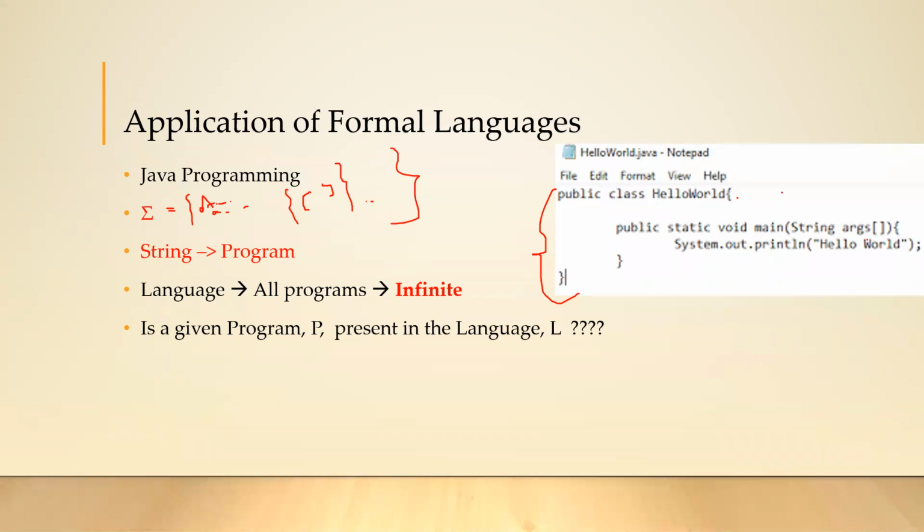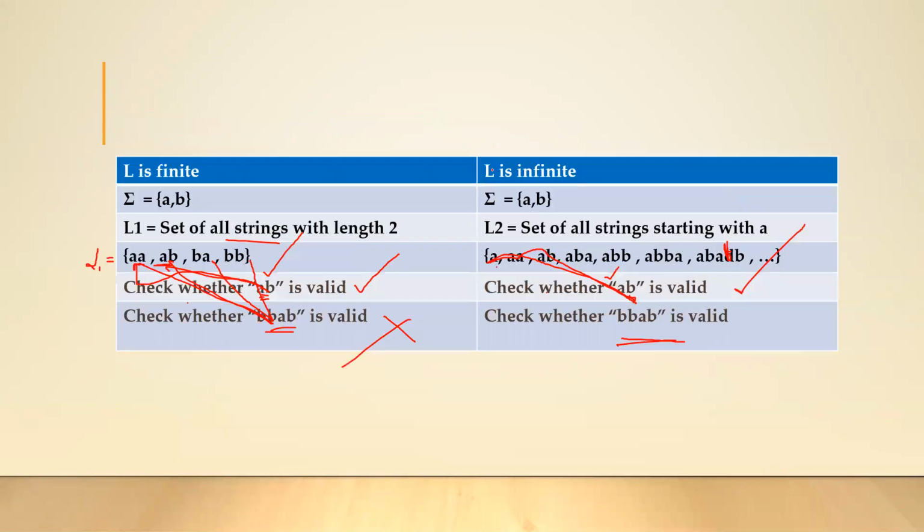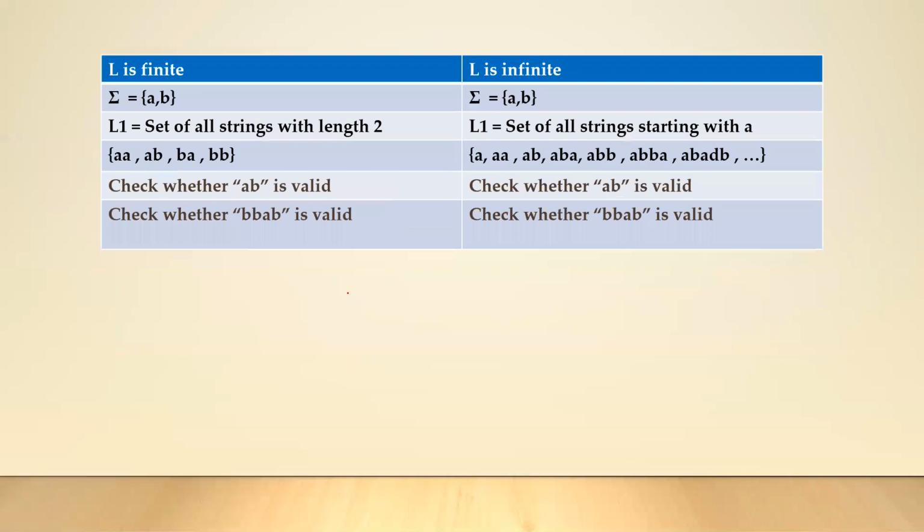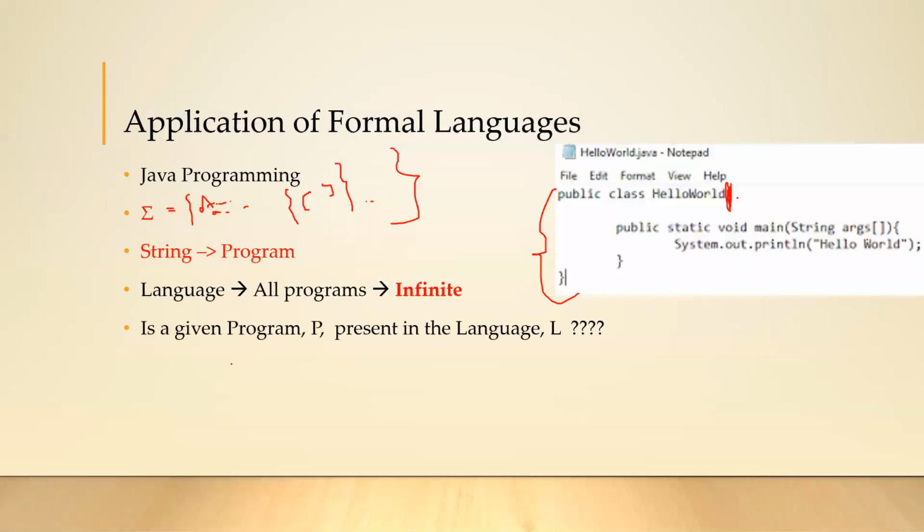Now, imagine I have a small error over here. I forgot this bracket over here. It means my program has an error. So if you go back to your earlier case, I do have a set of all the possible programs. I need to check whether a given program is valid or not. For that, I will go to my language, which, as I told you, will have all the programs.